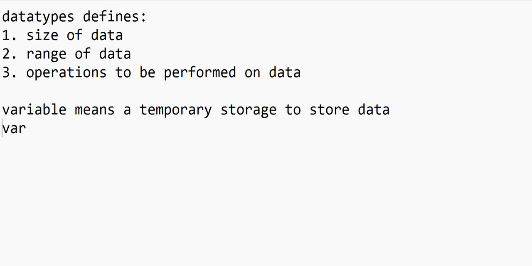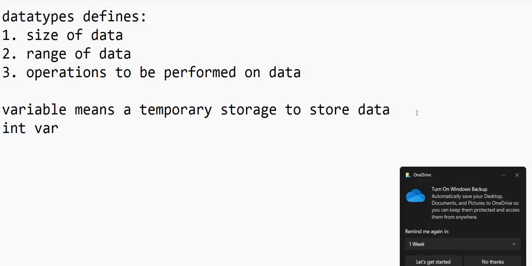So before the name, I need to say something here. Let's say I'm saying it is integer. If I say integer, I am able to store data of size 4 bytes, and the range of data will be from -32,000 something to +32,000 something.